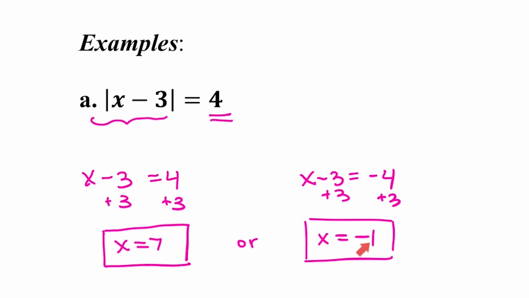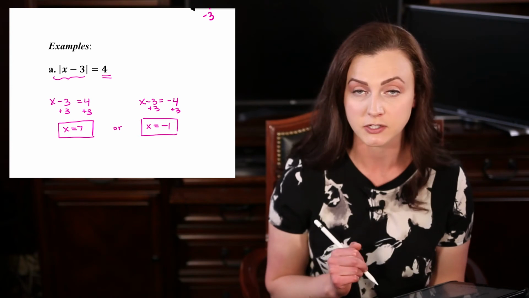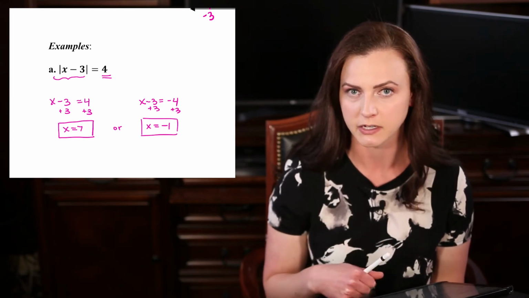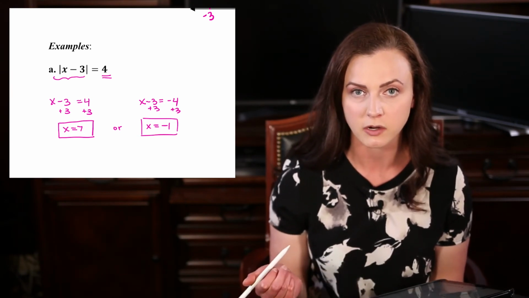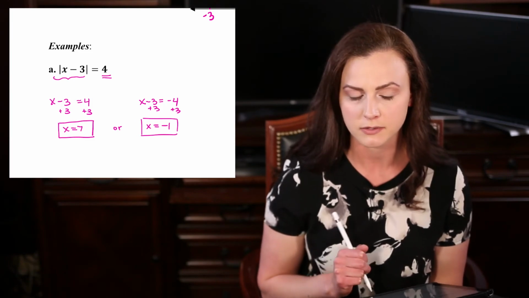If we plug in negative 1, minus 3 is negative 4, but then the absolute value makes that positive, and we get positive 4. I'm a huge believer in checking your answers, especially if you're doing a quiz or a test. You can always check your work and make sure you have the right answer.